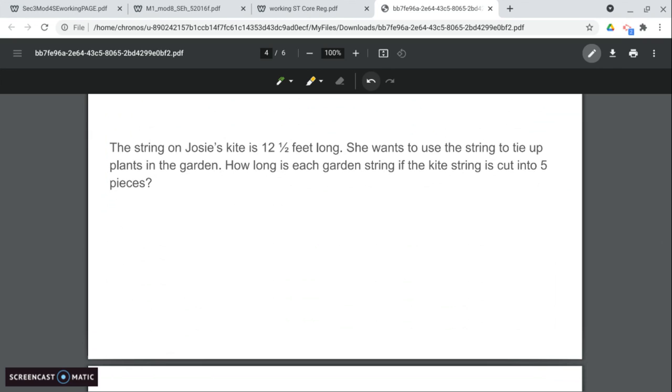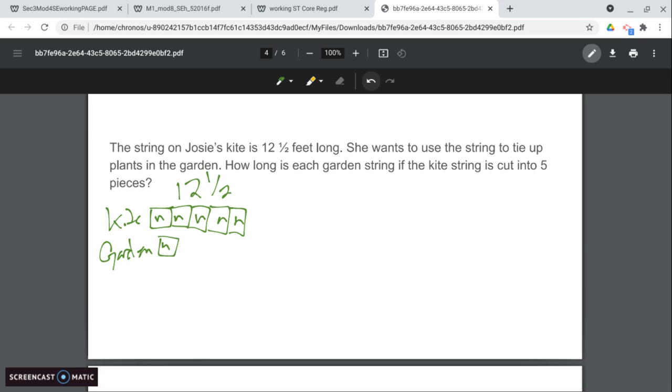The length of each. So our kite string, we've got our 2, 3, 4, 5. So this represents our 12 and a half. Each of these are n. And the garden strings, this is kite, this is garden, is just the one with the n.